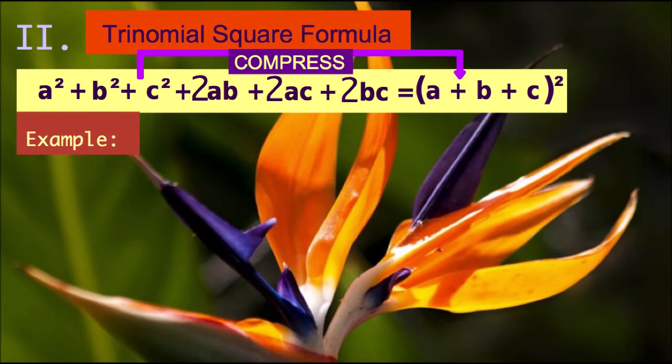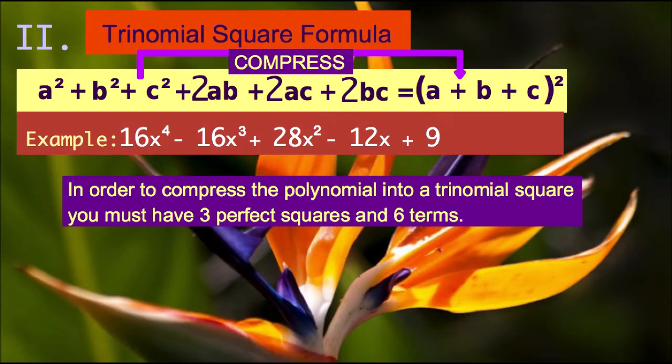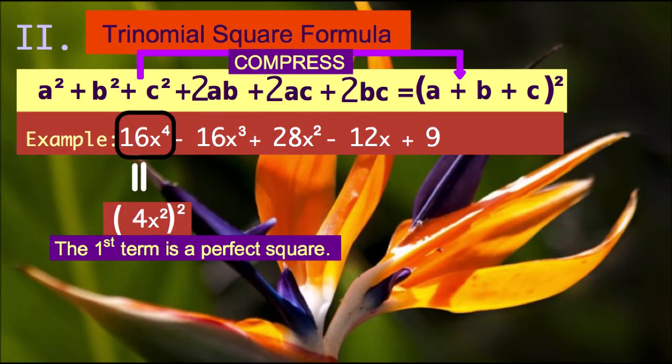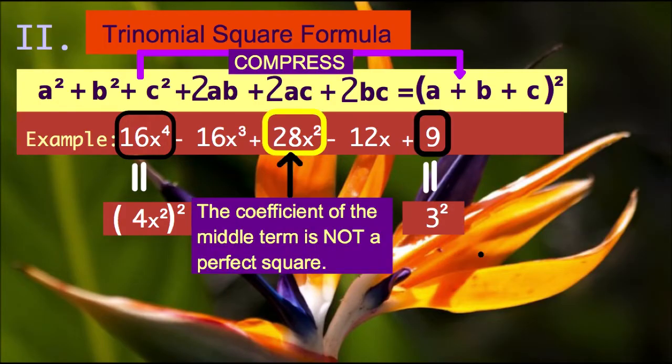Now let's see an example of how we compress. 16x to the fourth minus 16x to the third plus 28x squared minus 12x plus 9. In order to compress the polynomial into a trinomial square, you must have 3 perfect squares and 6 terms. The first term is a perfect square, and the last term is also a perfect square.